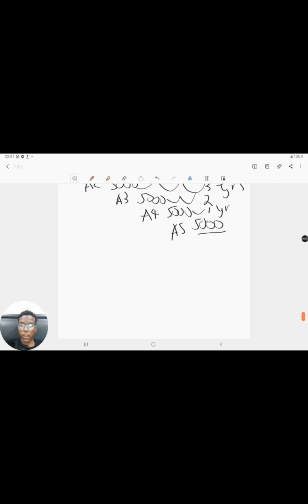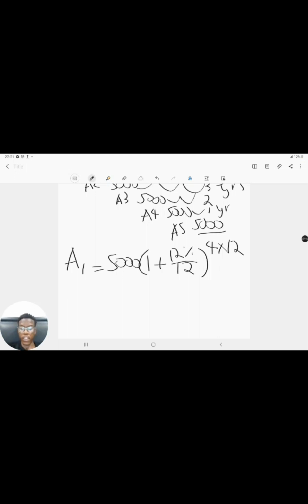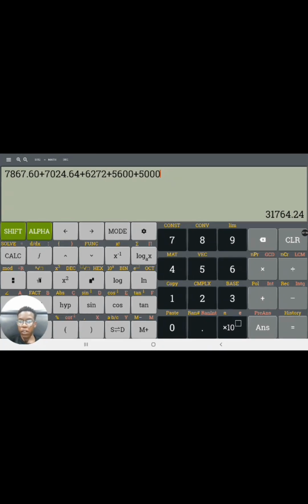So let's do that. A1 will be equal to 5,000 times 1 plus 12% divided by 12 because it's compounded monthly for a period of 4 years times 12. 4 times 12 is 12, 24, 36, that's 48. Okay, so I'm just going to come here. I'm not going to do this calculation for all of them.